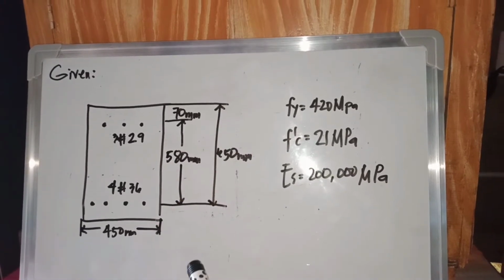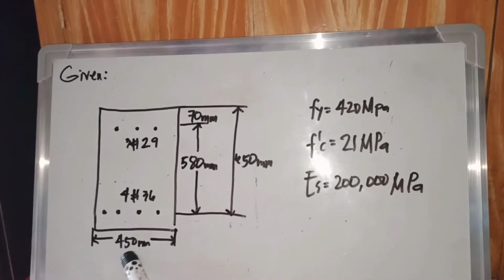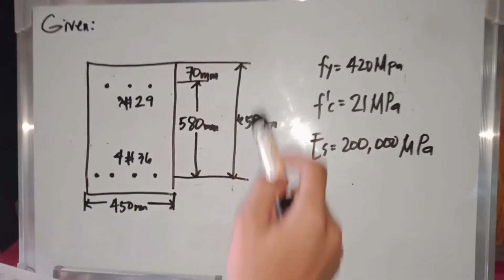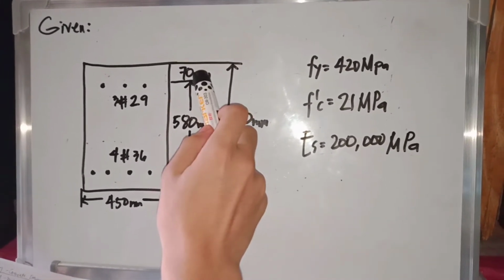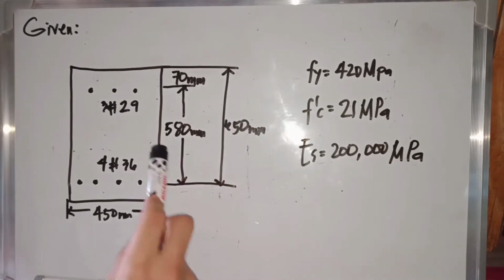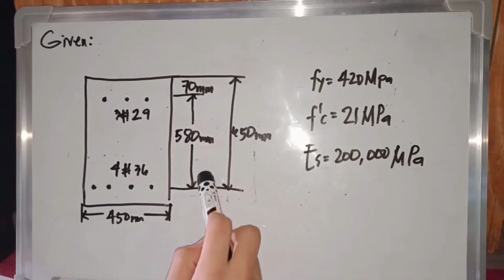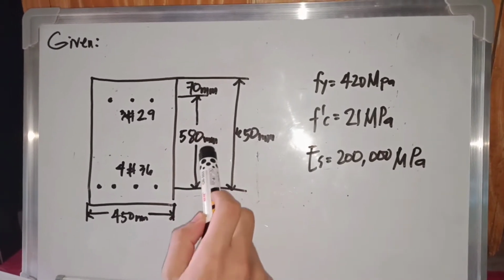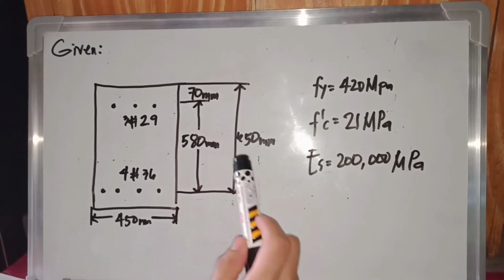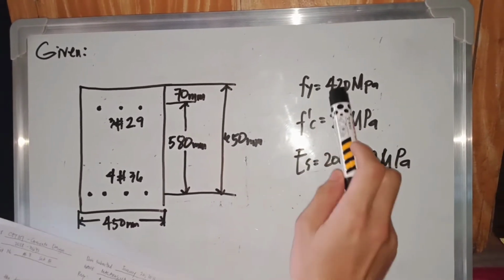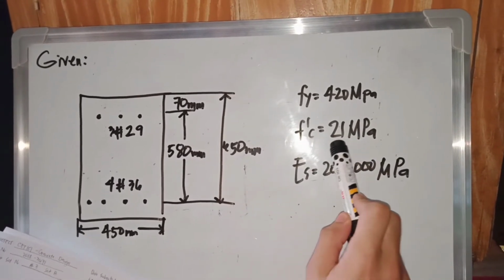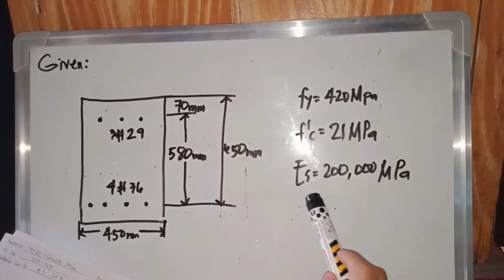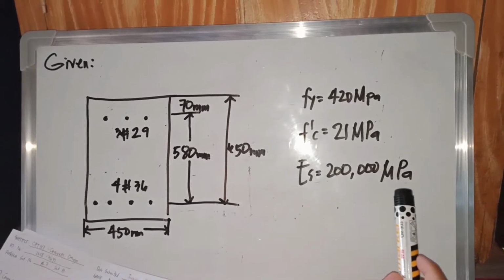Given the dimensions, we have B equal to 450 and D equal to 650, and D prime is equal to 70 mm, and this dimension 580 mm is equal to D minus D prime. We also have Fy equal to 420, F prime C equal to 21 MPa, and Es equal to 200,000 MPa.